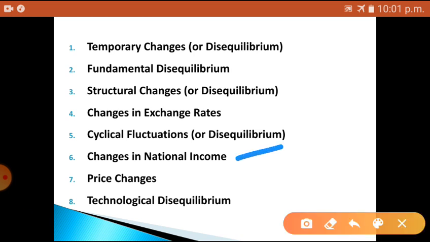Next comes the 6th point, change in national income. Another cause is a change in the country's national income.